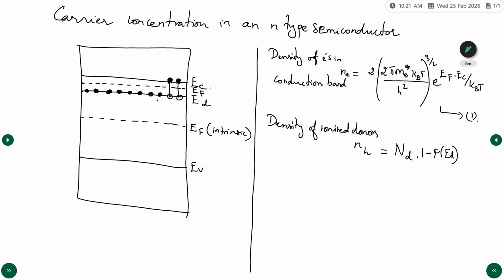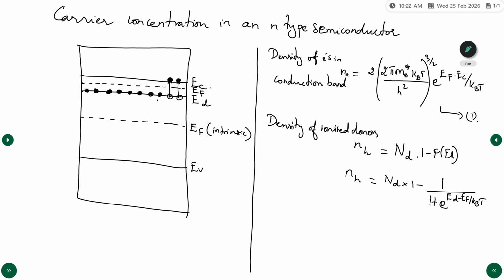So NH is equal to Nd into 1 minus f of Ed. f of E is 1 by 1 plus e power (E minus EF) by kBT. Here instead of E we have Ed. அப்ப E ங்கிற இடத்துல என்ன பண்ணணும்? Ed. So 1 minus 1 by 1 plus e power (Ed minus EF) by kBT, into Nd.